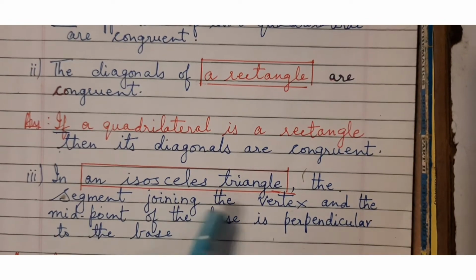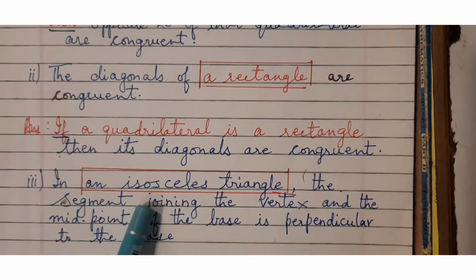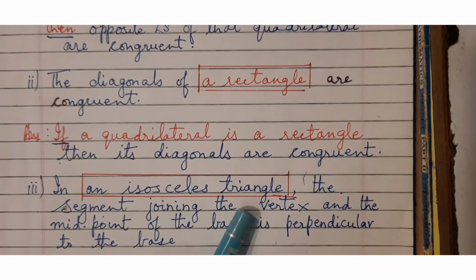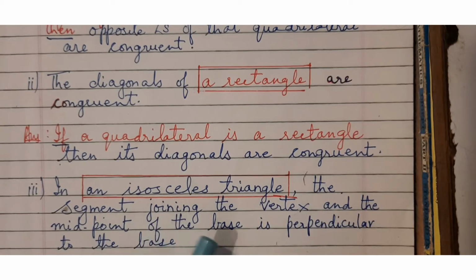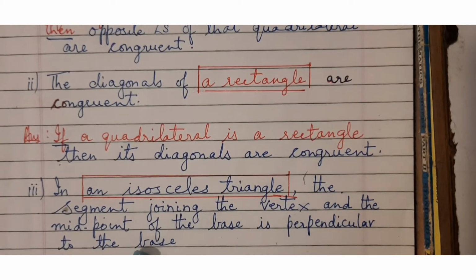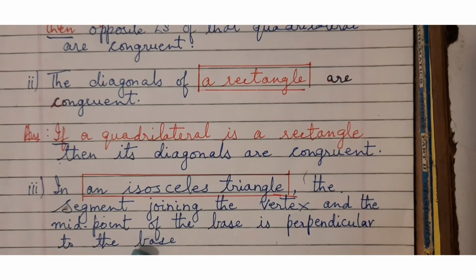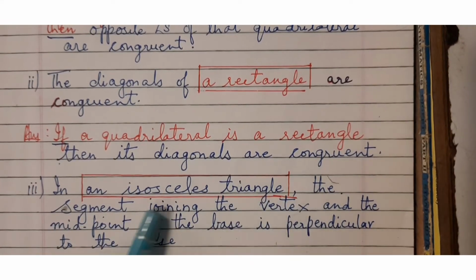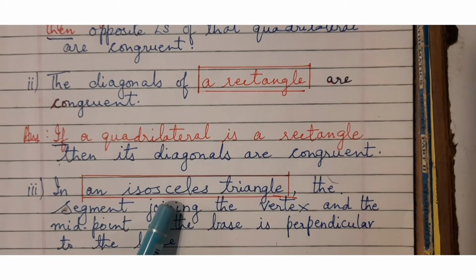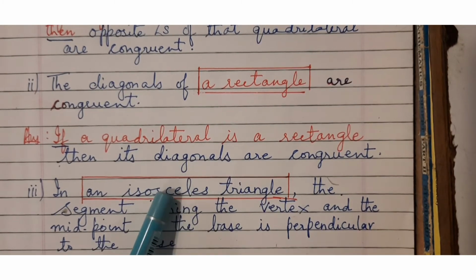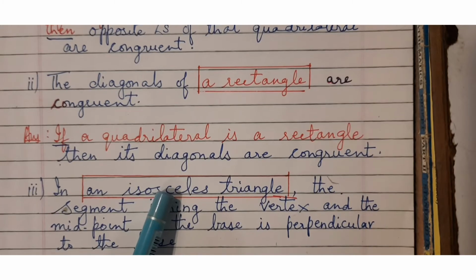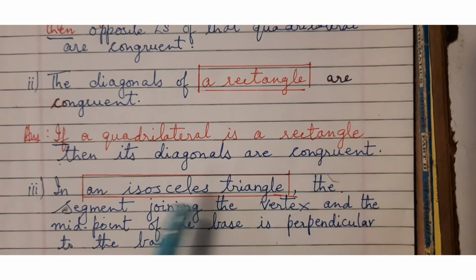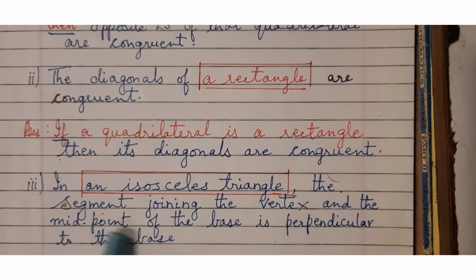In an isosceles triangle, the segment joining the vertex and the midpoint of the base is perpendicular to the base. Now the if part will only mention that the given triangle is an isosceles triangle. If the triangle is an isosceles triangle, then in the then part you will copy the same full sentence till the end.